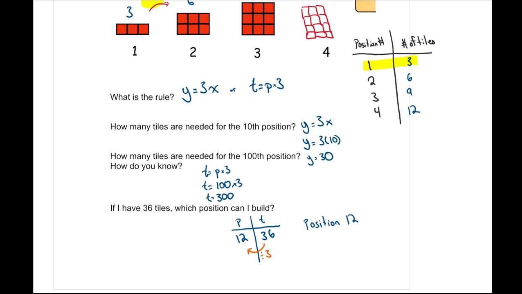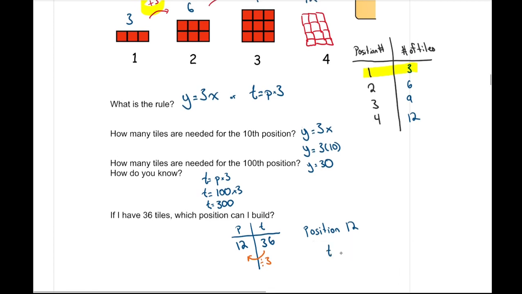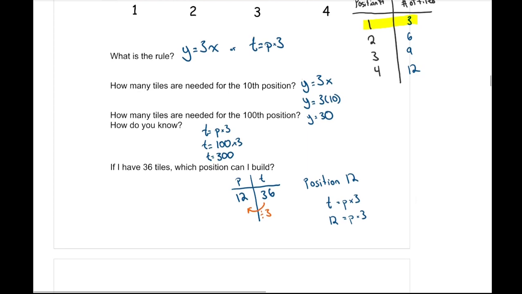Right. We'll look more later at how that would look mathematically, but essentially what's happening is we're kind of doing the opposite. We have 36 tiles.